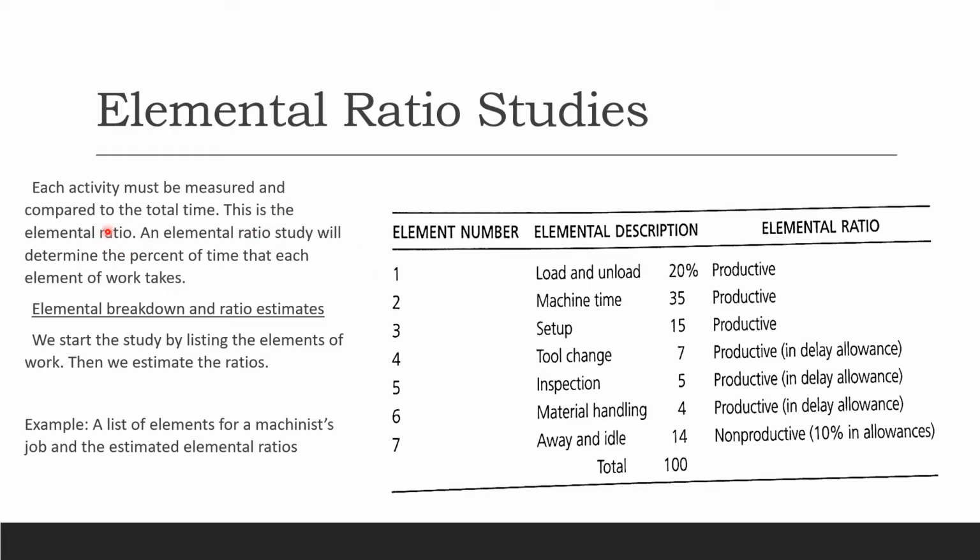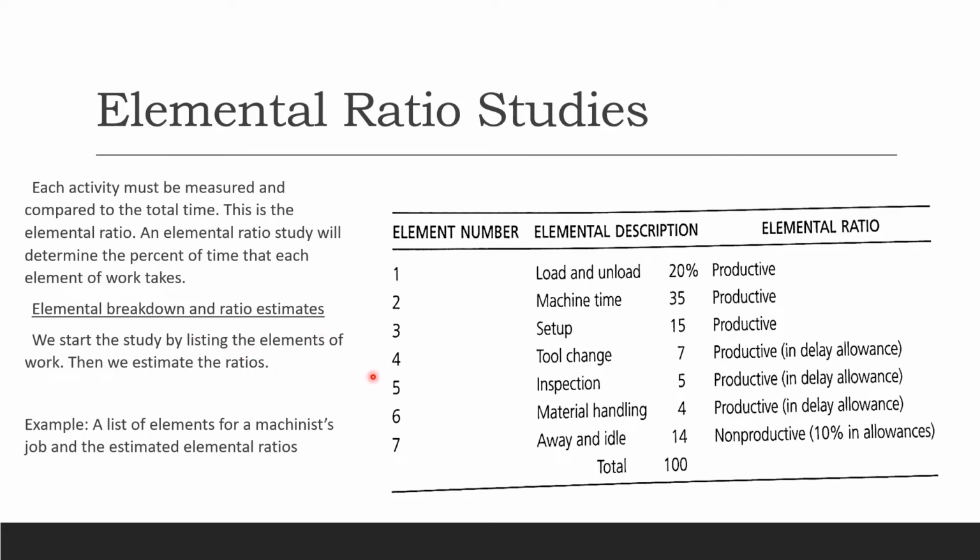It's nothing but a ratio: something divided by another thing. If A is divided by B, your ratio is A is to B, and the value of A divided by B is also called a ratio. So an elemental ratio study will determine the percent of time that each element of work takes. So: elemental breakdown and ratio estimate.